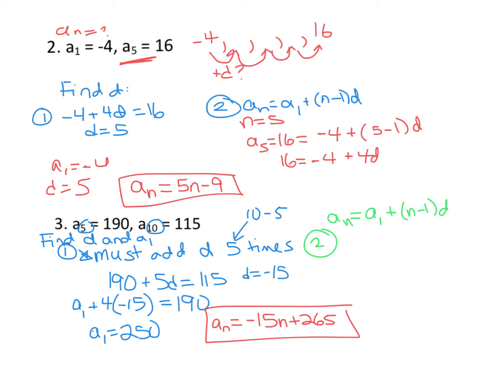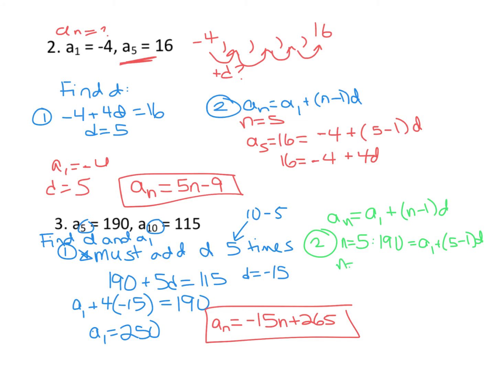So the way that you can do it using this formula is you can say n equals 5, and you remember that so we have a sub 5, which is 190, is equal to a sub 1, we don't know that, plus my n, which is 5, minus 1 times d.